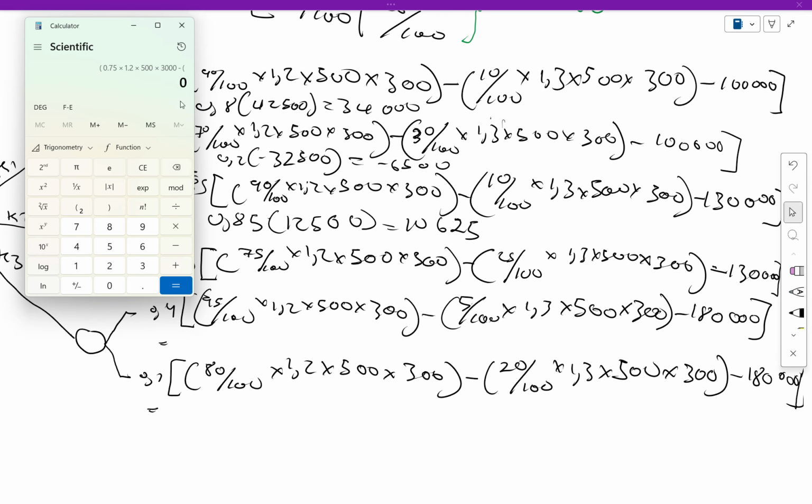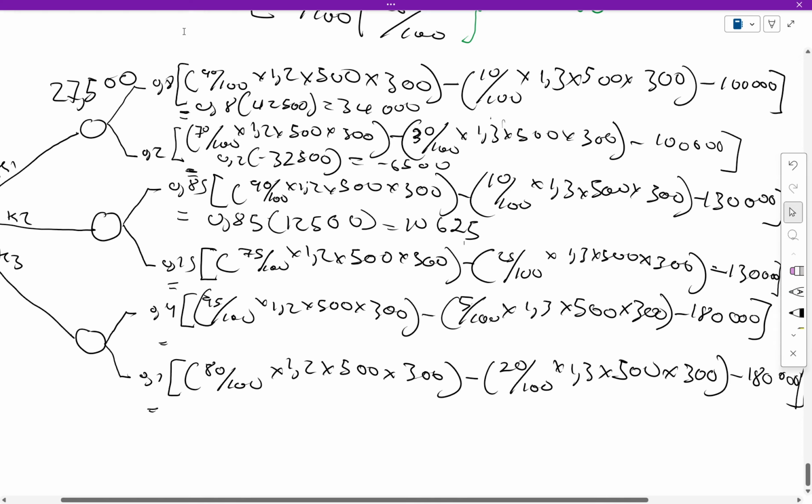You calculator guys, I can't deal with this. 0.75 multiplied by 1.2 multiplied by 500 multiplied by 300, close bracket, minus 0.25 multiplied by 1.3 multiplied by 500 multiplied by 300. Okay. Equals 86250.